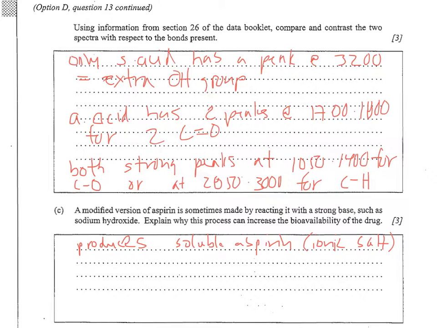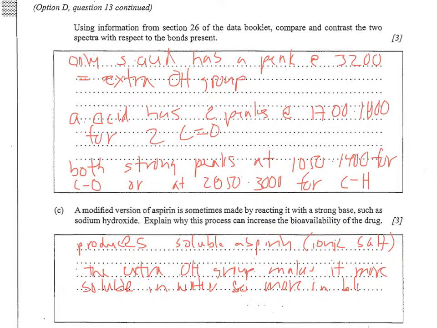And what that means is it's going to be more soluble. The extra OH, which you're going to pick up from the NaOH, makes it more soluble in water. And more soluble in water means more in your bloodstream. And then off to the target areas.